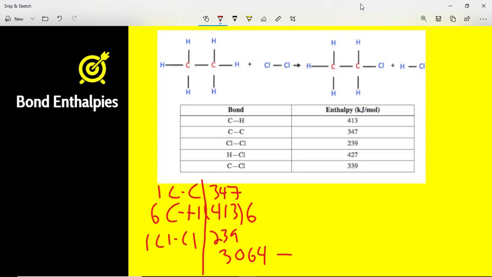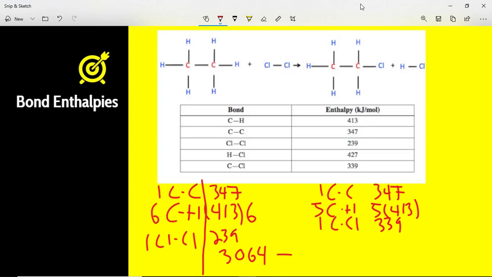In this case, I still have 1 carbon-carbon bond. I now have 5 carbon-hydrogen bonds, so it's 5 times 413. I have 1 carbon-chlorine bond, 339.